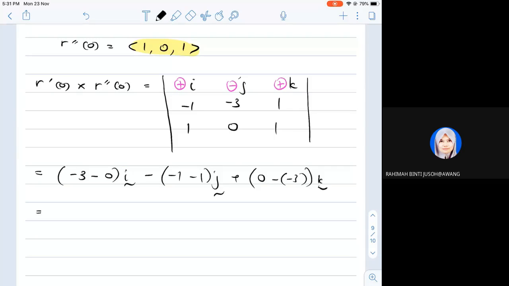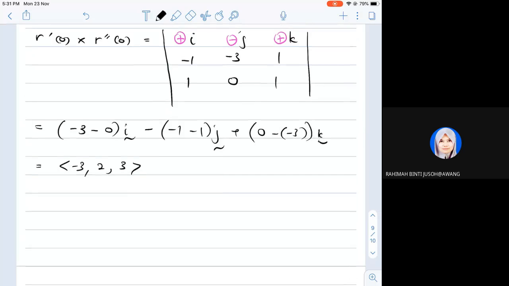So we will have negative 3 i, minus negative 2, so plus 2j, and then negative negative becomes positive 3k. So this is r prime cross r double prime. Next we need to find the magnitude of r prime cross r double prime.